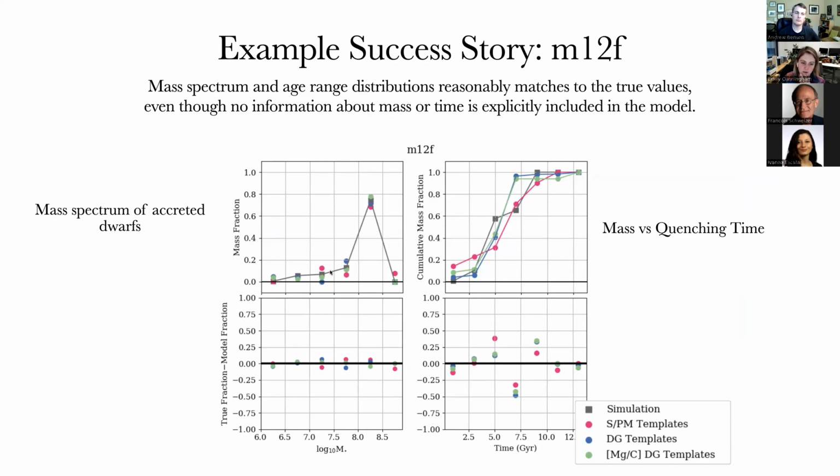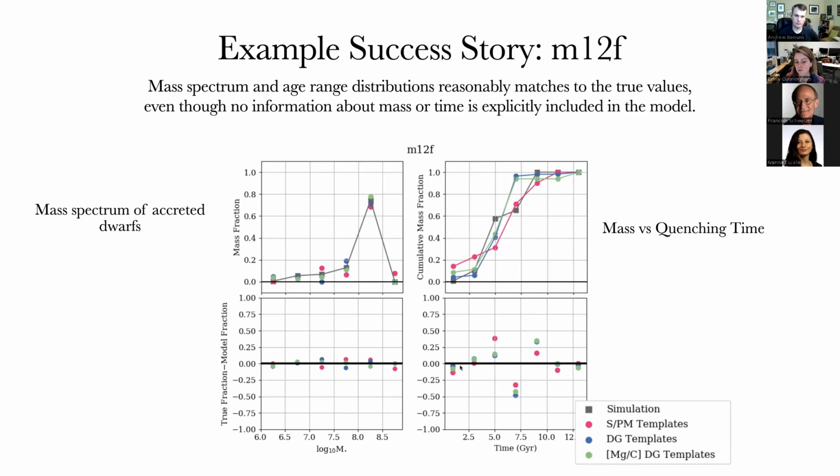The truths are in gray, and there are 3 different template sets that I created, tweaking what was contributing to each template set. You can see that all template sets return excellent agreement with the true mass spectrum of accreted dwarfs, where the residuals for this model are shown in the bottom panel.